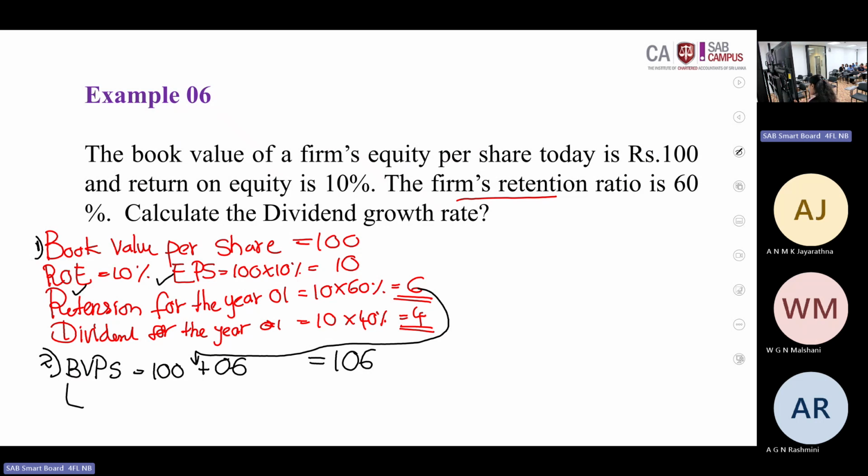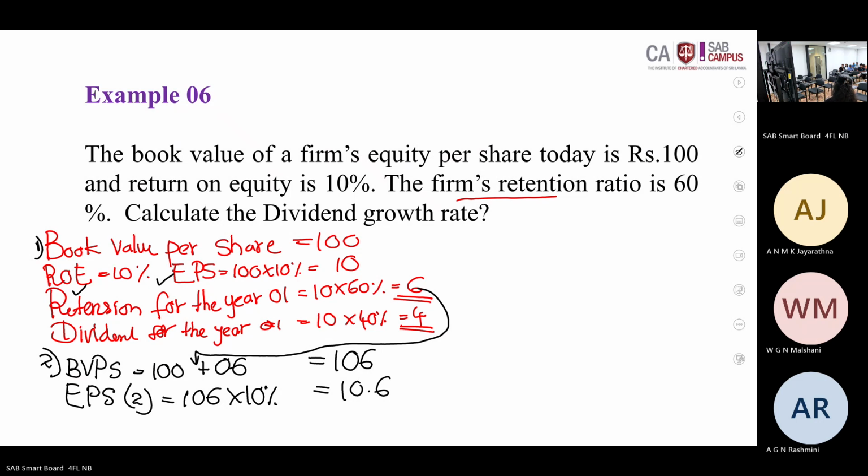So we calculate EPS for the second year. The per share value is 106, and definitely we know we will receive 10% on this. How much is the earning now? 10.6.